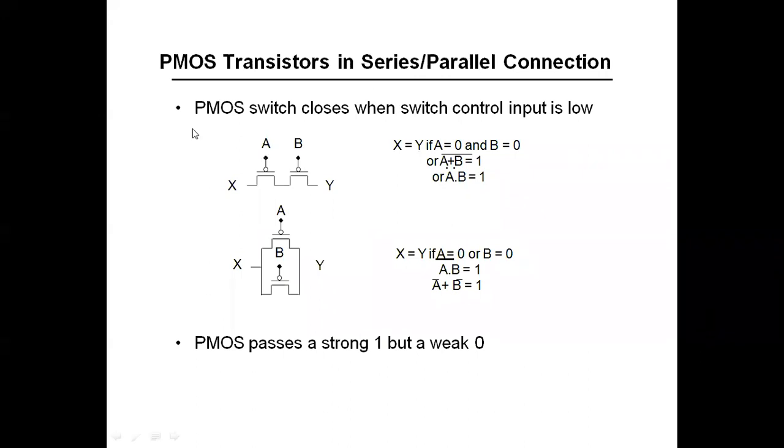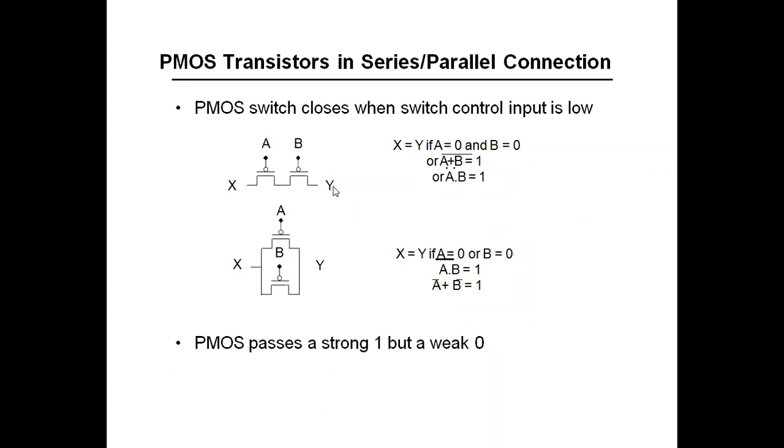You can check here also. In case of series, if you apply 0 to both, both gates will be in conduction mode, so whatever the value at x can be transferred to y. That means both A and B should be in conduction mode to transfer the input to the output.